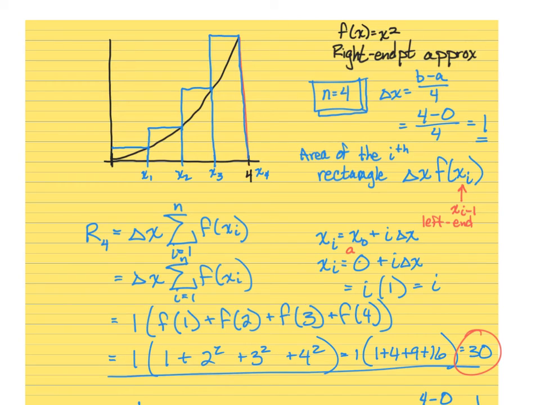We know it's always going to be bigger than the actual area because those rectangles hang over the actual area, and that's going to happen in this case if we use the right end rule. On the other hand, if you use the left end rule, all of your rectangles will be tucked under the curve and not quite reach to the curve, and they won't cover it. So that'll be a lower sum. You'll see that referenced.